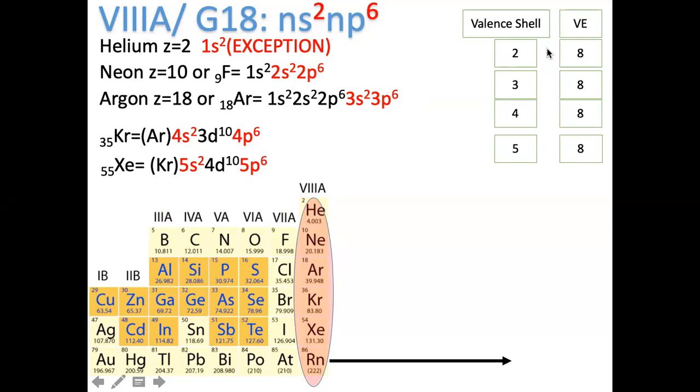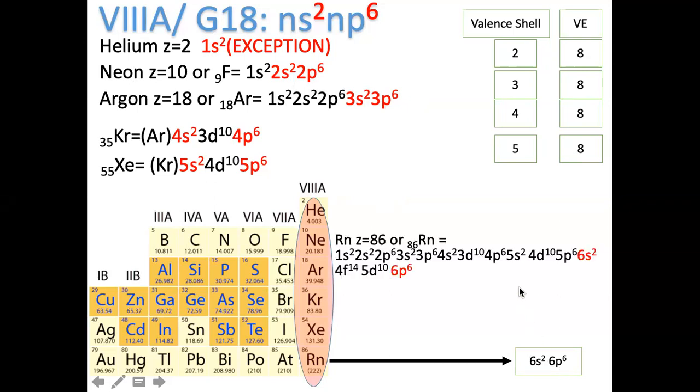So the valence electron is 8. And radon would be 6s2 and 6p6. Let's try to do the electronic configuration of radon. That would be 6s2 and 6p6 here, although we're going to have 4f14 and 5d10 in between, but we are getting only the valence electrons. Okay?